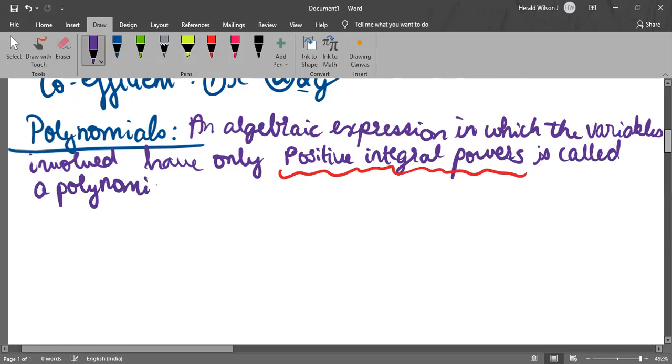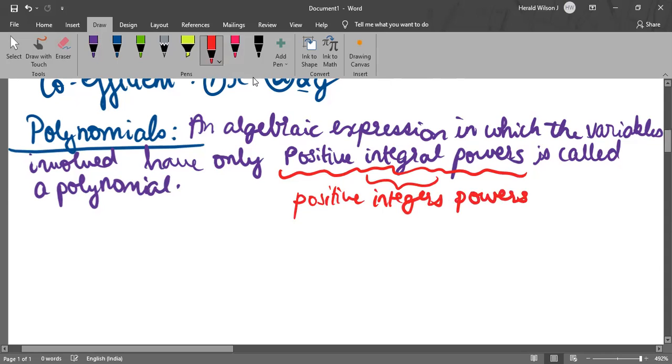So, an algebraic expression in which the variables involved, that means the variables in an algebraic expression, have only positive integral powers. What are positive integral powers? Integral, first of all, means integers. So the power will be only positive integers.